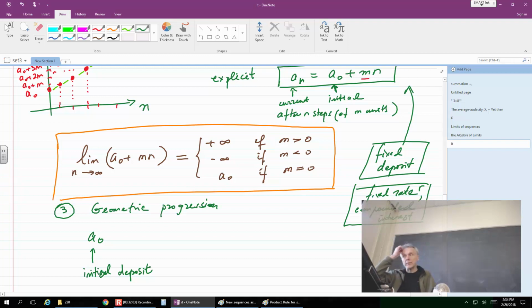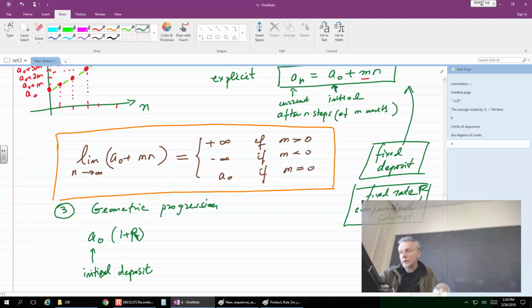Suppose it is compounded yearly, so R is the yearly interest rate. How much do I get at the end of the year? A naught times 1 plus R. Right, A naught, 1 plus R. Let me make it capital R here.